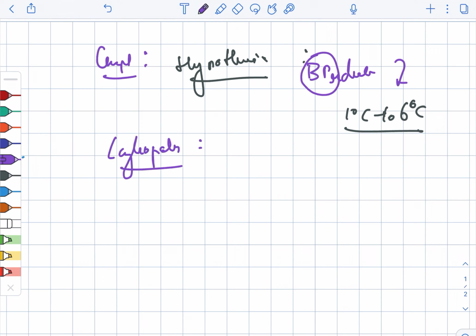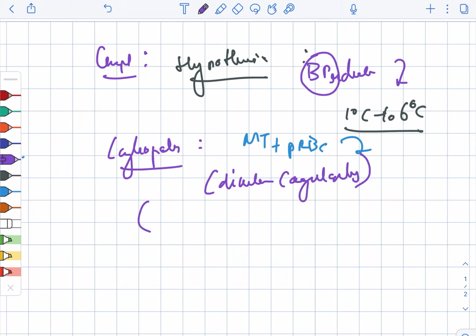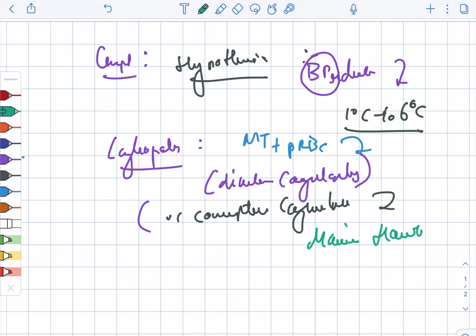Then looking at coagulopathy. In terms of coagulopathy, there is the MT. MT along with the PRBC alone causes a dilutional coagulopathy, and this is as against a consumptive coagulopathy, which is caused by massive hemorrhage.